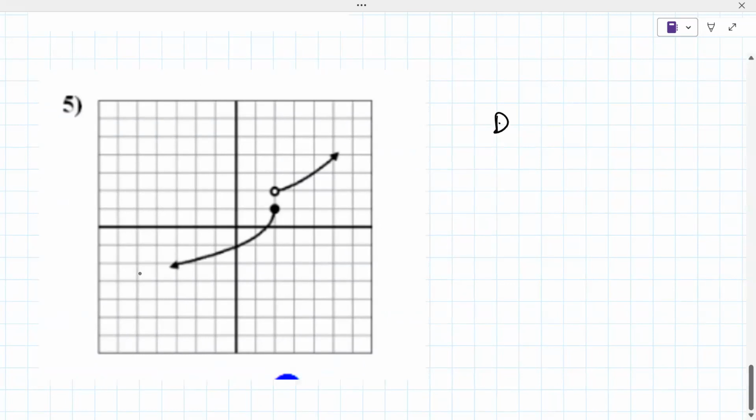So this one is discontinuous. What is the x value where it's discontinuous? 2. And do you remember the name for that one? No, I don't. The jump.